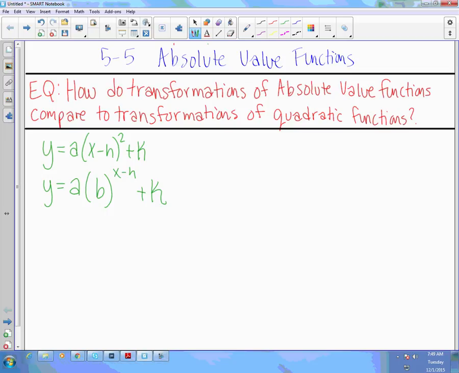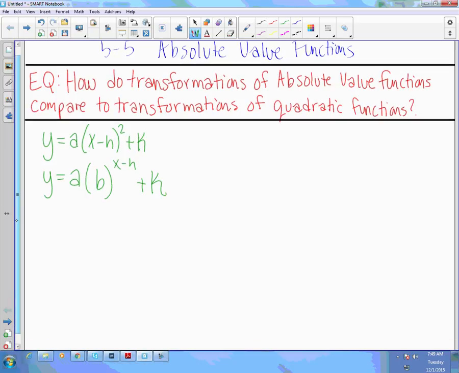Now it used to be that we would teach you 6 or 7 different functions, but this year I think we're only running 2, and we've moved the other functions into next year. You have a question? No, it is a base, and the h is still up in the exponent. Okay, so this is how an exponential function looks.